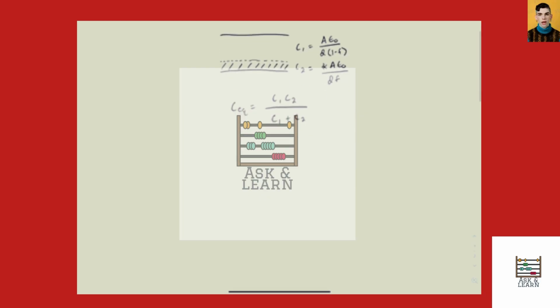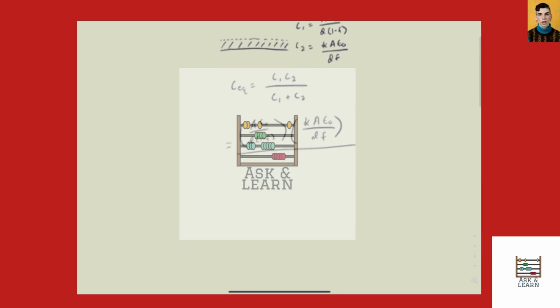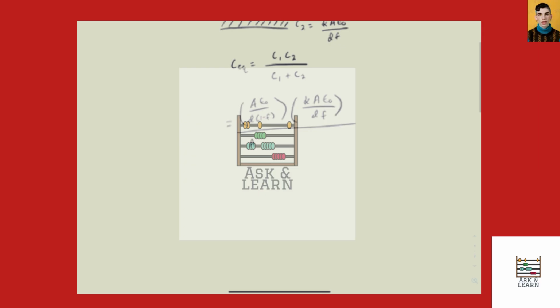So if we plug these two in, this is going to be A times epsilon naught over D times 1 minus F, times kappa A epsilon naught over DF, and then that all over the sum of the two. So like this, and then we'll add kappa A epsilon naught.